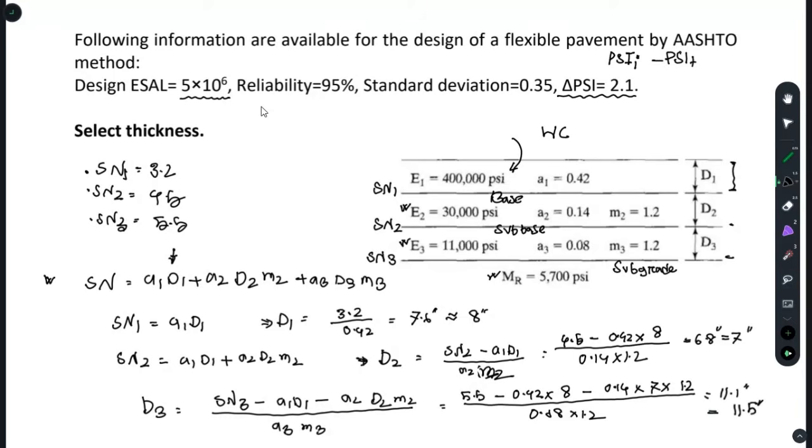The math is pretty simple. You're solving this using empirical formulas, and the main thing is SN. For each layer, you find out SN using a chart, and for the depth, you consider each term, and you can find out the depth.